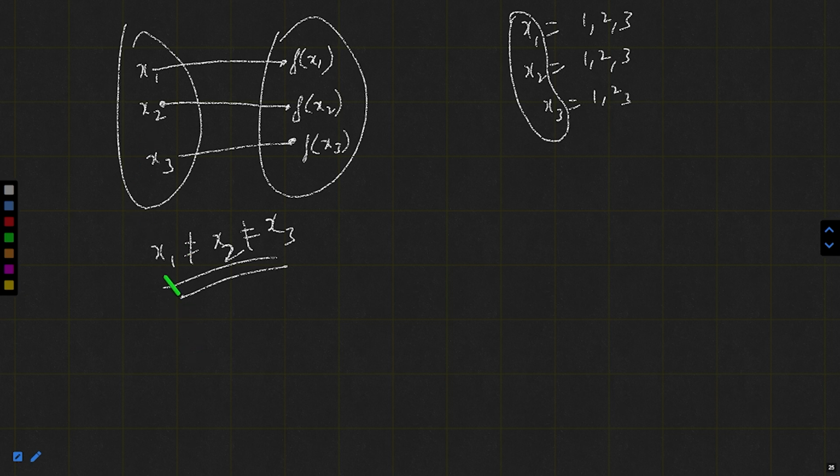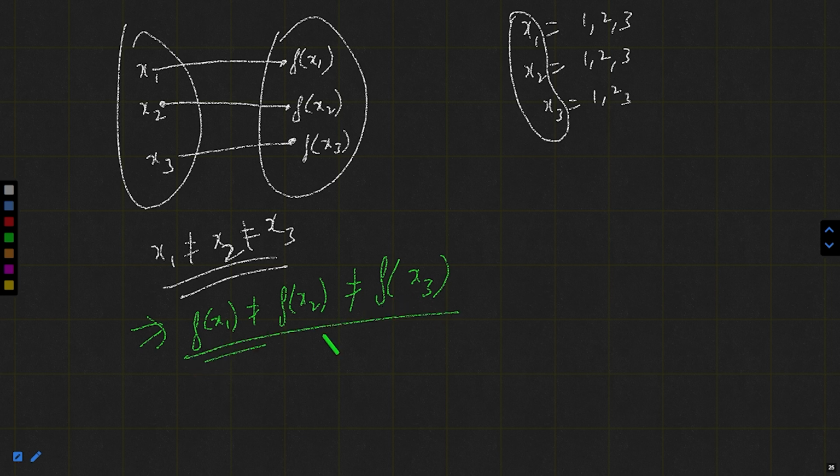Now, as this is associated from this, you can say that f of x1 is not equal to f of x2, which is not equal to f of x3. Yes, all are different. And I know that f of x1, f of x2, f of x3 belong to the codomain set.